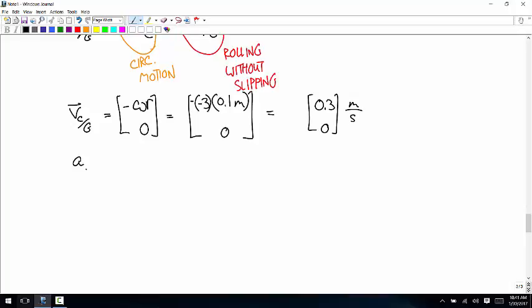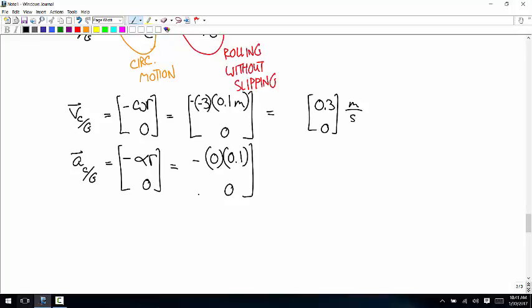And the acceleration of C relative to the ground is equal to negative alpha times r, 0. So that's negative 0 times 0.1. So we got 0.